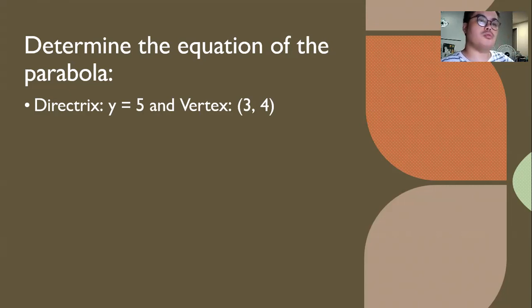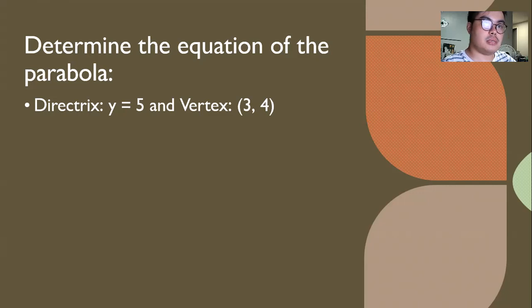Okay, so now we are going to illustrate again sa Cartesian plane. So yung x natin is 3. Okay, so dito siya. Tapos yung y natin is 5. Tapos yung x natin is 1.